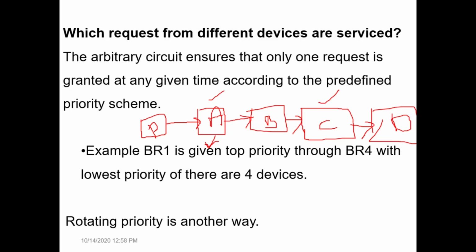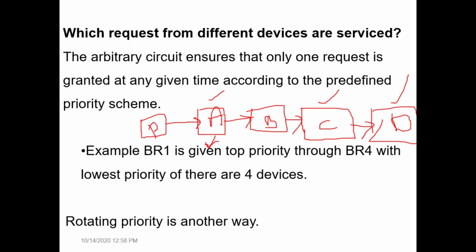Again, C cannot become the bus master. Whenever the device nearest to the processor in the daisy chain has a higher chance to become bus master. So the devices far from the processor in the daisy chain, like D, C, B, have to wait for a long time to become bus master.